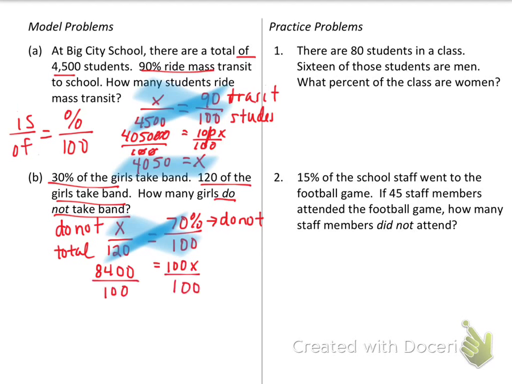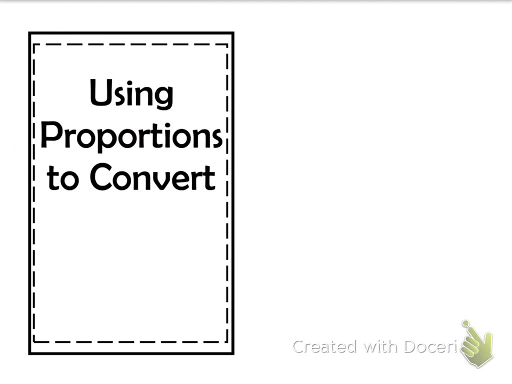Again, why we love using proportions to set up percents is because 84 divided by 1 is x. So 84 girls do not take band. Is that the majority? Yes. You're going to have to do the next two problems as warm-ups one of the days coming.